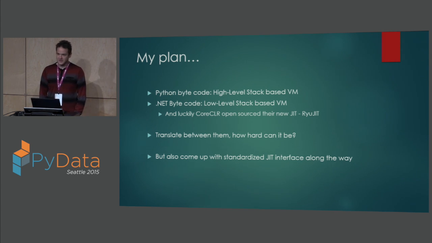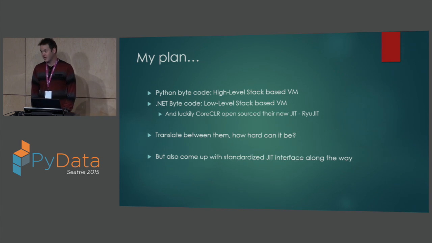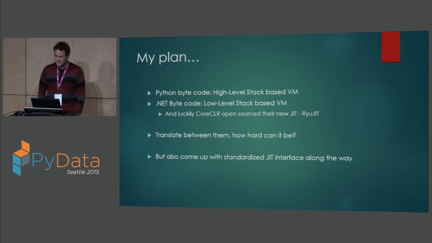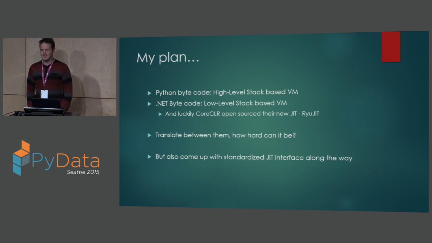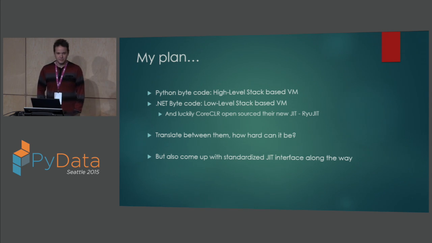The other interesting thing is Microsoft just recently open sourced the CLR, the entire stack, including a relatively new JIT. So I was thinking, well, they're both stack-based. This should be pretty easy. I can just translate between them. I just have to go through and do the work, and it should be pretty straightforward.